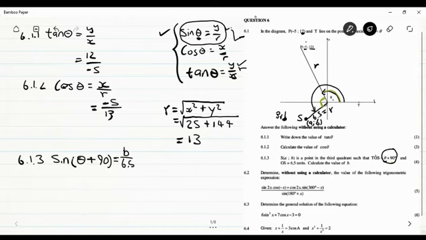And then how do we move from here to the answer? We know that sine of theta plus 90 degrees is the same as sine of 90 degrees plus theta. And we know that sine of 90 degrees plus theta is equal to negative cos theta.